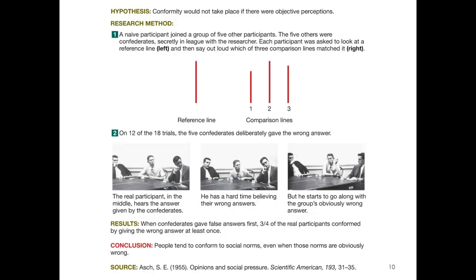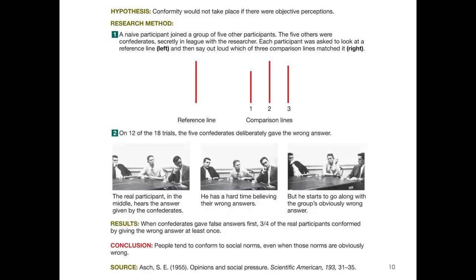The conclusion is that we conform. We conform to social norms even when those norms are wrong. We would rather be wrong than be embarrassed. We would rather be wrong and doubt ourselves than question the group, that the group doesn't have more information than we do.